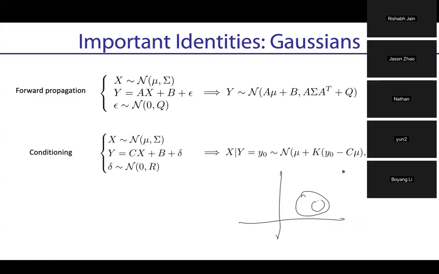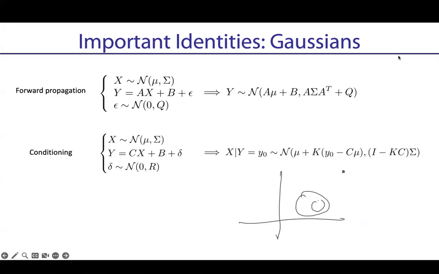So your mean is going to be shifted depending on the difference between the y that you observed, y not, and the y that you expected, which is c multiplied by the previous mean of x. You look at the difference between them, and you move your mean in that direction.